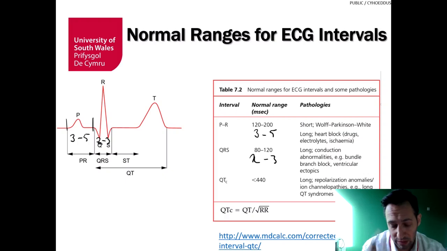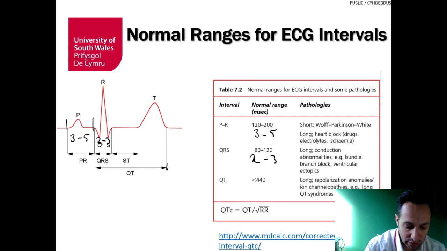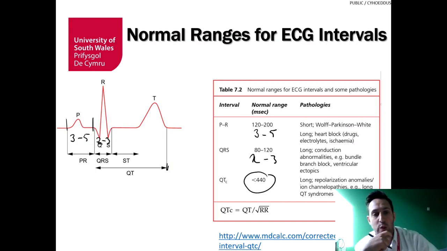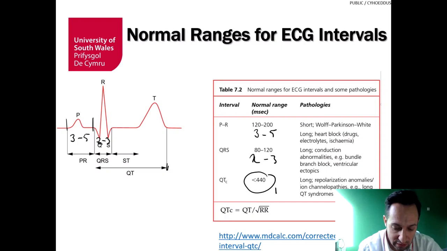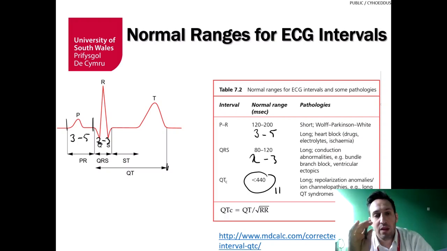And then this gets a little bit complicated. The QT interval, in other words ventricular depolarization to repolarization, should take no more than 440 milliseconds, in other words 11 small squares, as long as the heart is beating at 60 beats a minute.